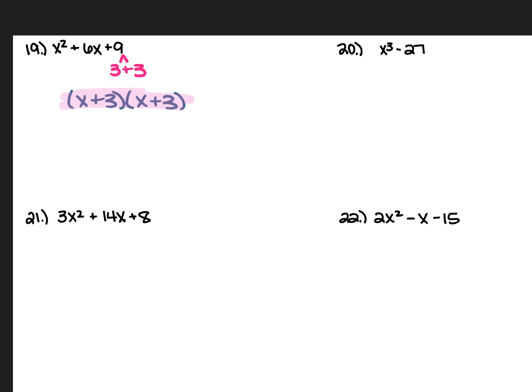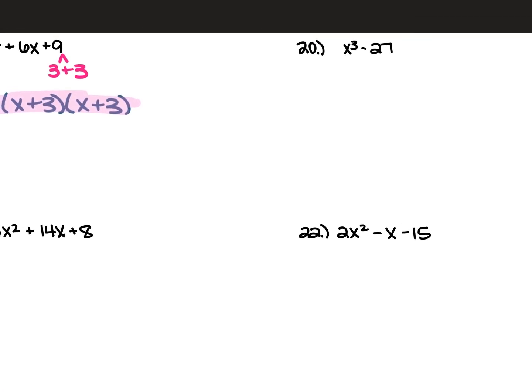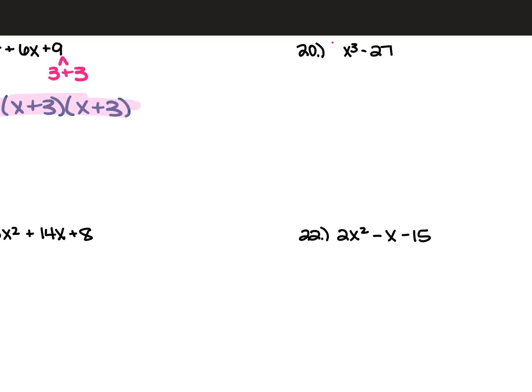For your next one, you are given x cubed minus 27. Now this one you have a binomial also, however, you can take the cube root of both of those terms. So the cube root of x cubed is x, the cube root of the 27 is 3. So you're going to use x as a, b is going to be 3. You have a negative in between those two terms, so you're going to use a minus b times a squared plus ab plus b squared.